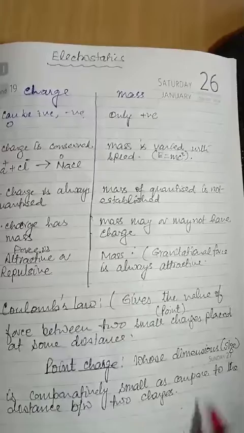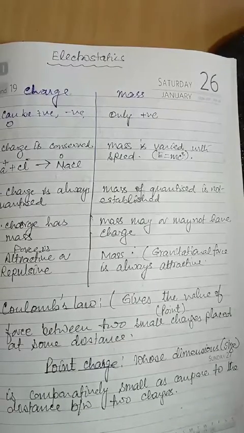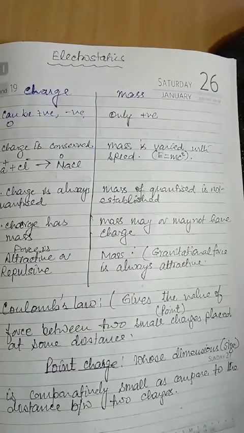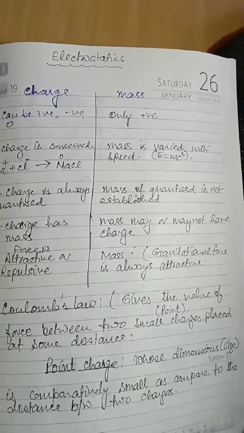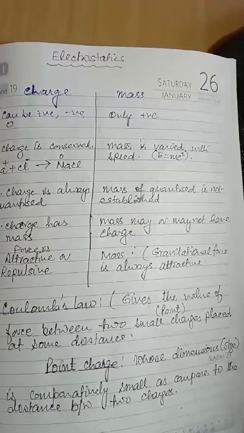For example, Na plus Cl minus equal to NaCl. And charge is always quantized, whereas the quantization of mass is still not established. And charge has mass, but mass may or may not have charge. This is the basic difference between mass and charge.